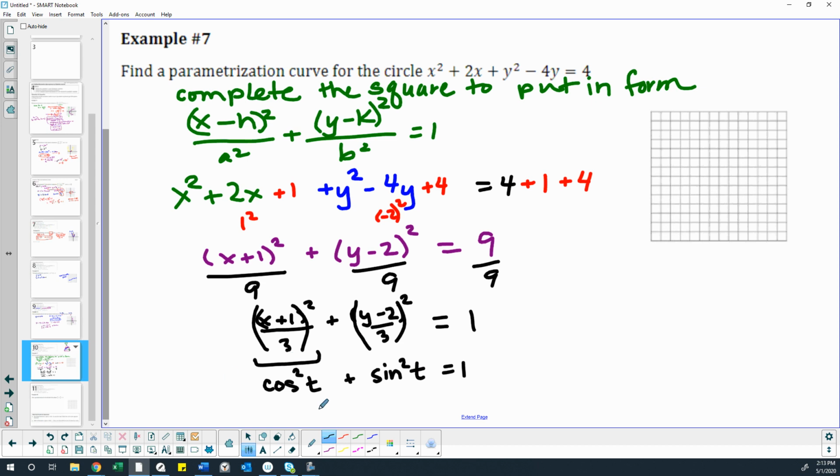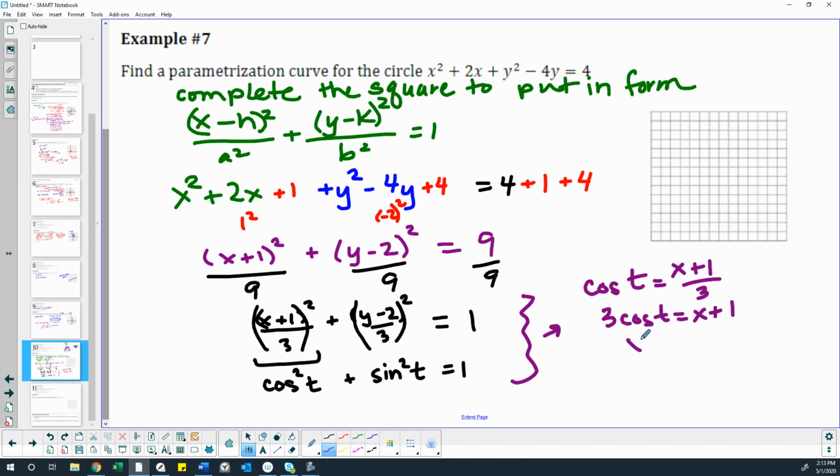So what does this tell us about cosine, if cosine squared is (x plus 1) over 3, squared? Using that information, the cosine of t equals (x plus 1) over 3, which means 3 cosine t equals x plus 1, which means x equals negative 1 plus 3 cosine t, or you could put the negative 1 after it.